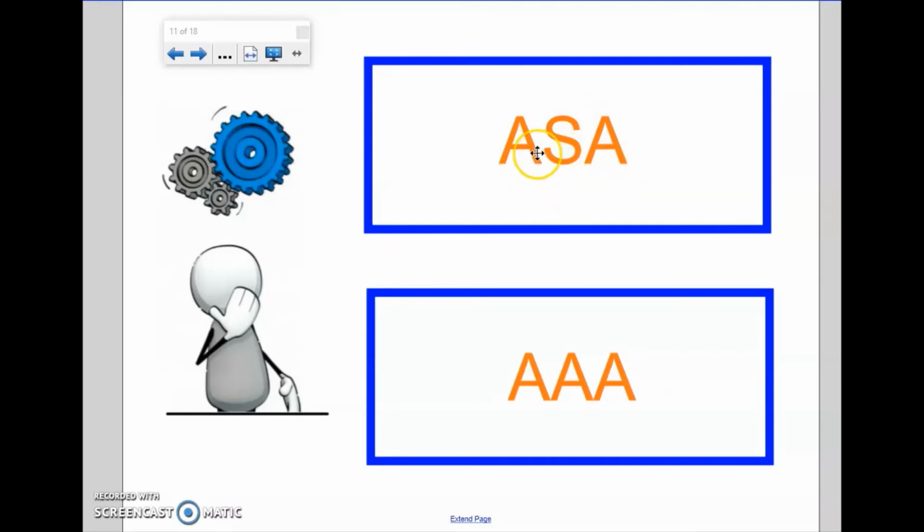You may also be thinking about the abbreviation AAA and why this wouldn't be a proof of congruency. If we took an equilateral triangle, which has three angles of 60 degrees, and we enlarged it by scale factor 2, we would end up with one triangle that is double the size of the original triangle.